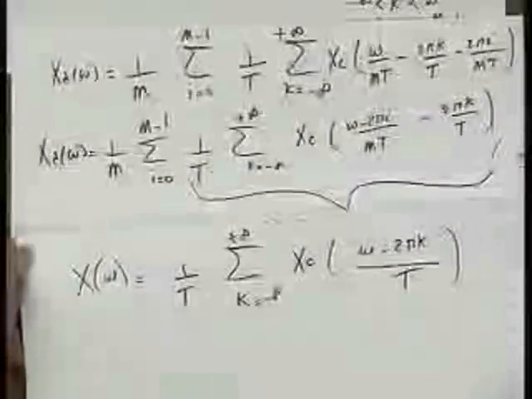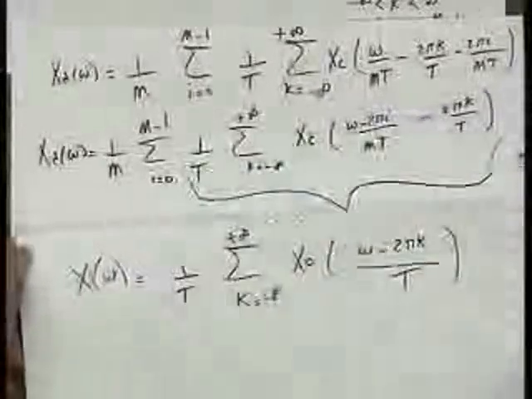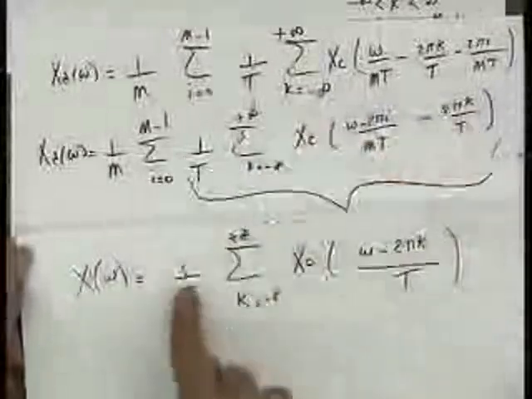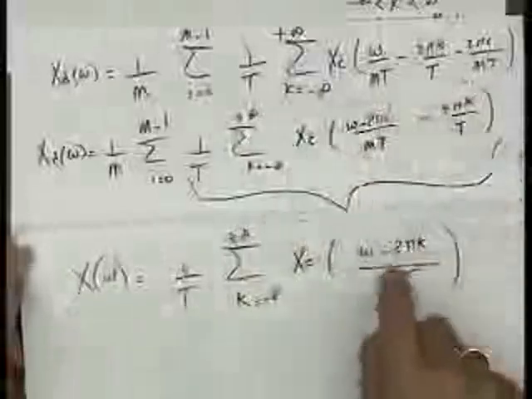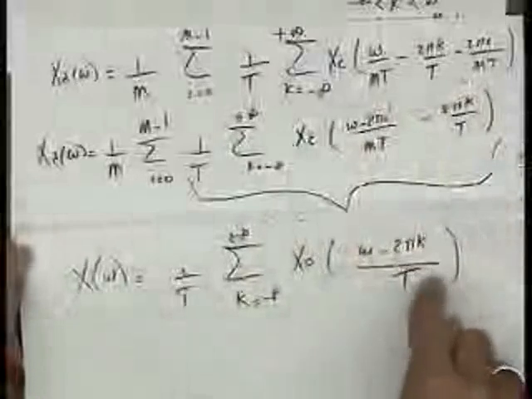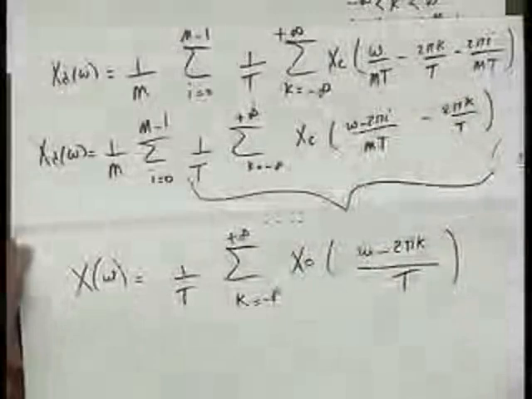What can we say about this expression here? Well, it's 1 over t, summation over k, that's the same. X of c, it's the same. Something minus 2 pi k over t. Here I have omega over t minus 2 pi k over t. So all that has happened is what?